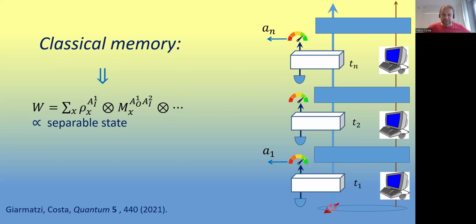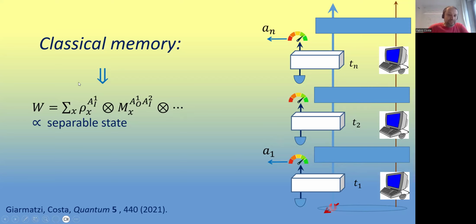And you can have something a little more general with classical memory, which is between each pair of times. You can imagine the environment is effectively measuring the system, extracts some information, and then sends it to the future. And then the evolution at the next time step can depend on the classical outcomes that are kept in the environment. And then at the end, the outcomes in the environment are all traced out.